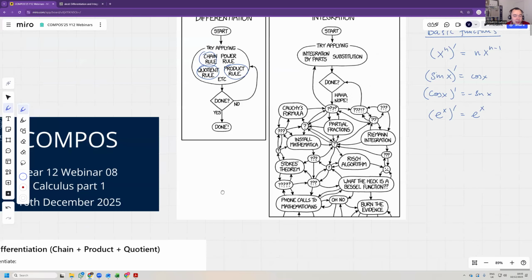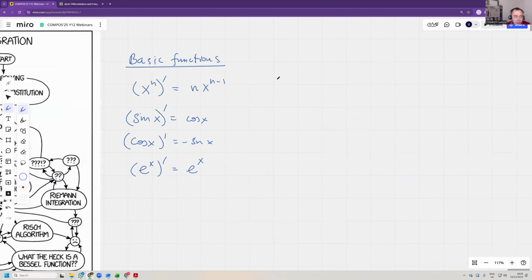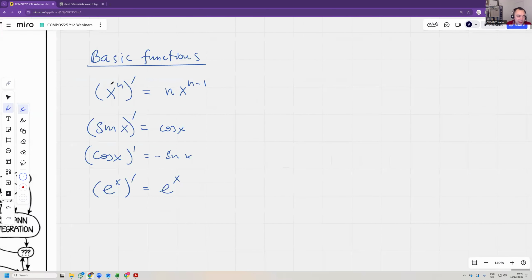Perfect. Now, if the function is replaced with something else, so if you have not x to the power n, but more like a function f to the power n, that would be n f to the power n minus 1 multiplied by f dash, the derivative of f. And the same with sine f: this is the chain rule.